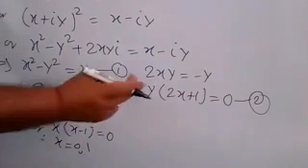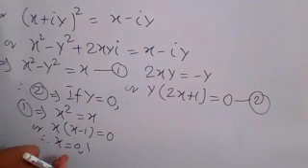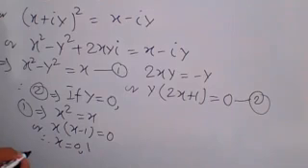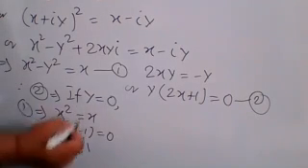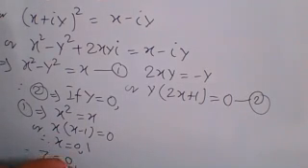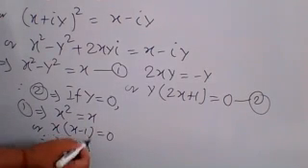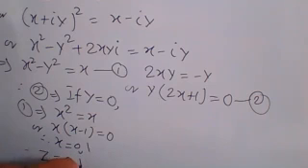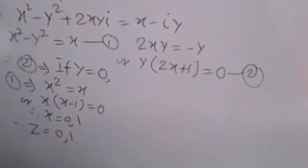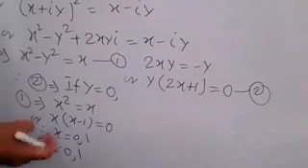From these two relations, y is equal to 0 and x is equal to 0 and 1, you have a complex number. So what is that? The value of z is x0 and y0, so you write here 0. And for x is equal to 1 and y is 0, you have 1. So 1 means 1 plus 0y, and 0 means 0 plus 0y.